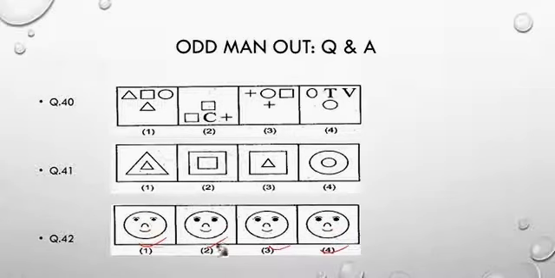We find that the eyes that have been drawn are exactly same in case of problem figure 2, 3 and problem figure 4, whereas it is different in case of problem figure 1. So answer for question number 42 is 1.